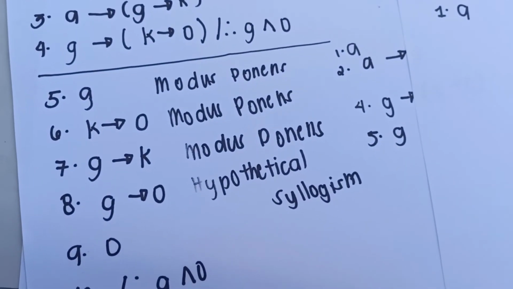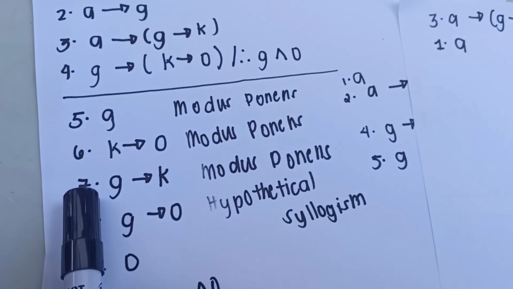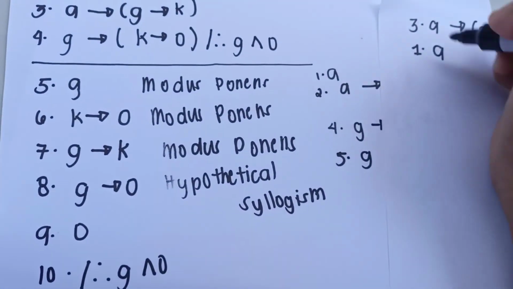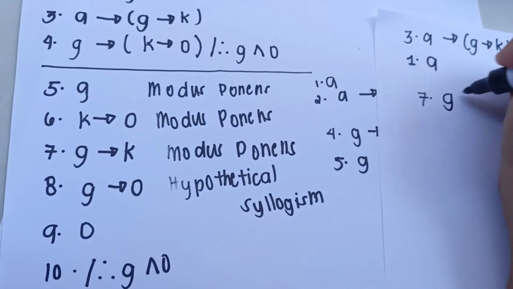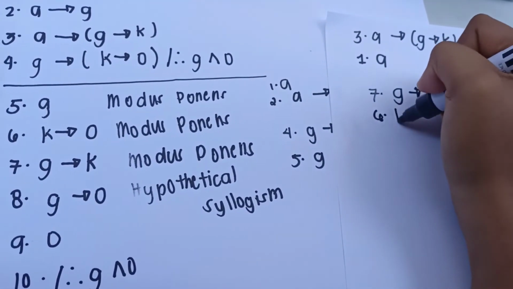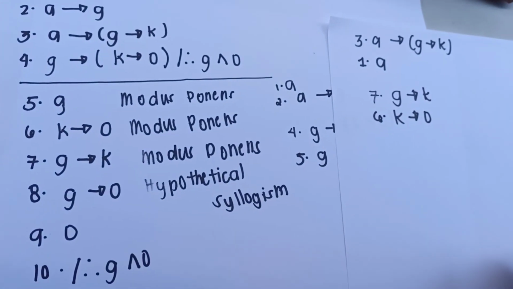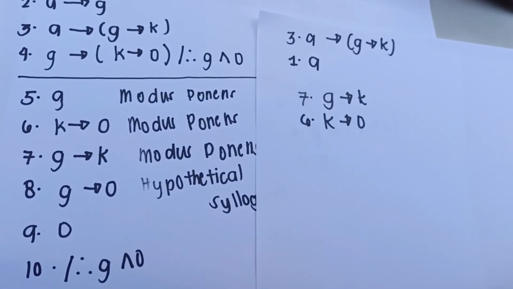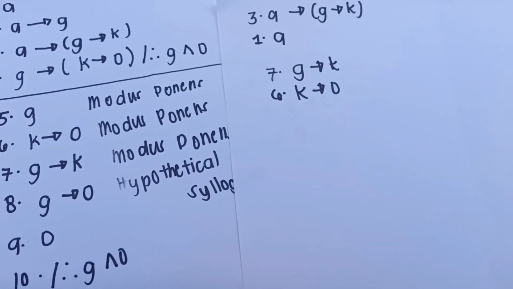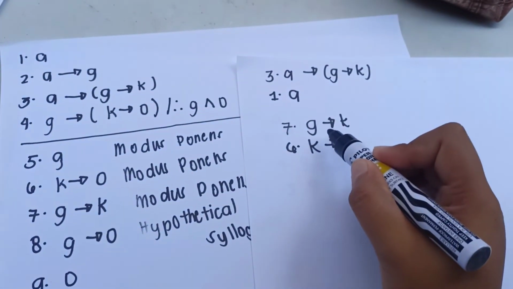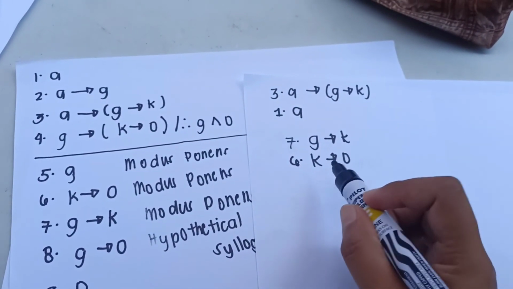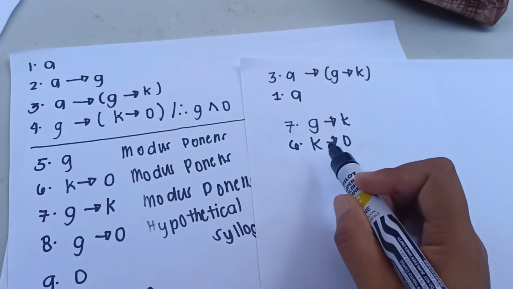As we combine number 7 and number 6: number 7 is G implies K, number 6 is K implies O. As we notice here, the rule hypothetical syllogism is if the consequence in the first statement will be the antecedent of the second statement.